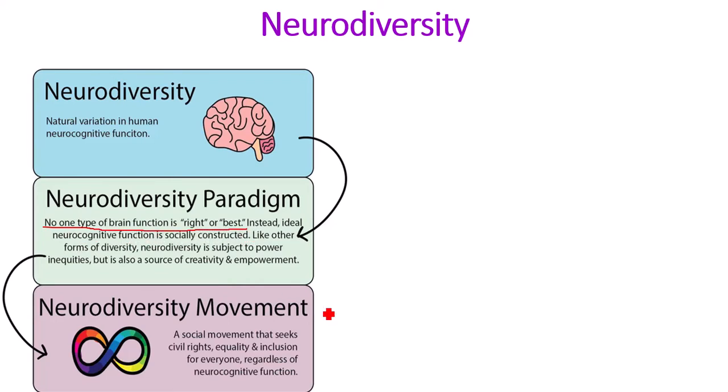So there is really no normal, and if you know somebody who you think is normal, they're either very boring or they're hiding something, because no individual that I've ever met has been 100% normal. And that's basically what neurodiversity says, celebrating the differences in neurocognitive functions that takes into account other forms of diversity. So looking at equality and inclusion for everyone.